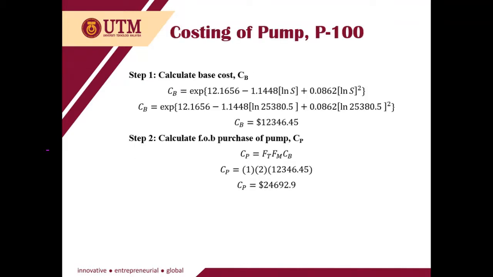Next is the costing of the pump. This is a pump costing calculation example on P100. First step, calculate the base cost, and you'll get a base cost of around $12,000. Second step is to calculate the purchase cost of the pump, CP, and the CP is around $24,000.